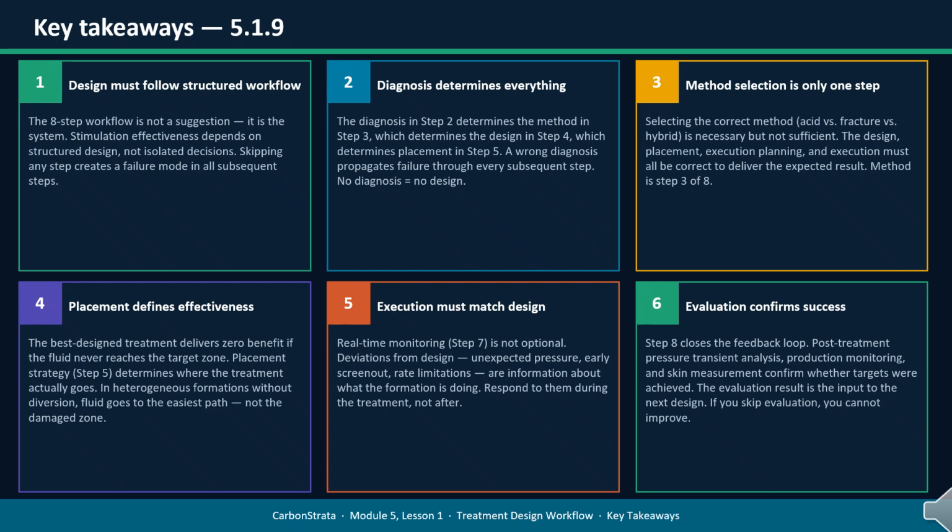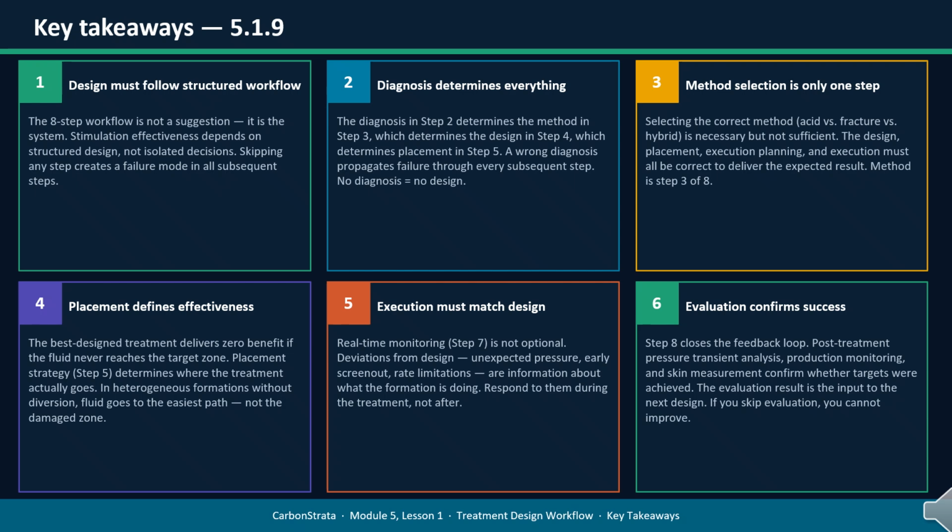Design, placement, and execution decide the result. Now third. Placement defines effectiveness. If the treatment does not reach the zone, nothing happens. Now fourth. Execution must match design. Otherwise the design is irrelevant. Now last. Evaluation closes the system. Without it, you repeat mistakes.